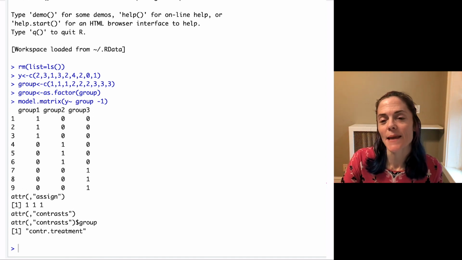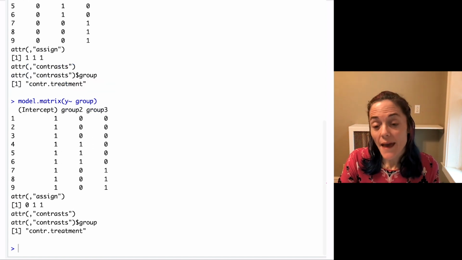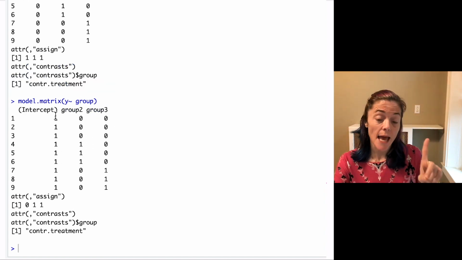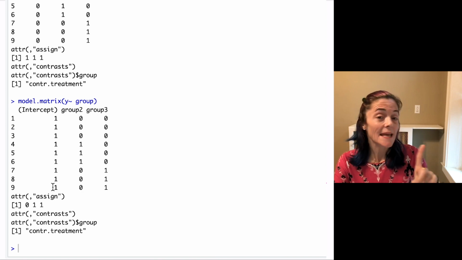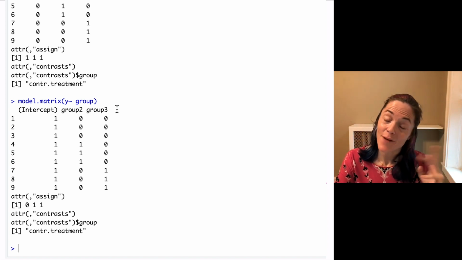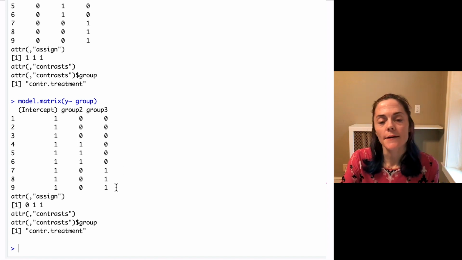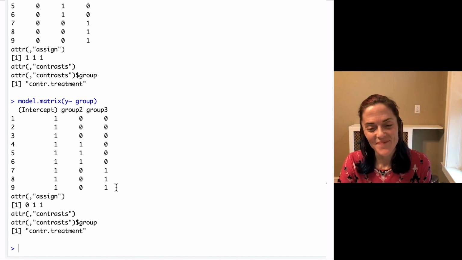Now we ask the same thing with the intercept. Here you see this xi1, the first one, is always 1. And then starting at 2 out to g, which here is g equals 3 groups, we have this indicator function.